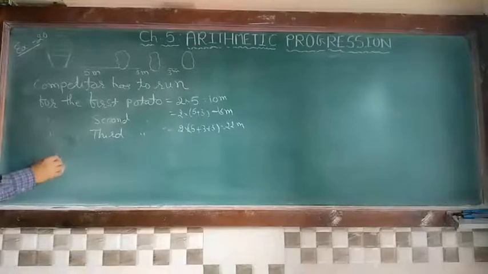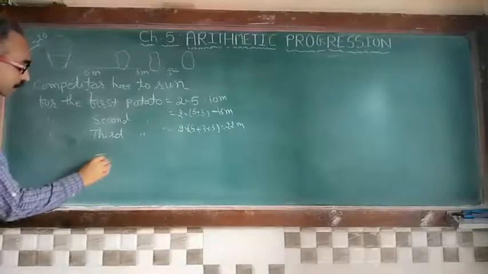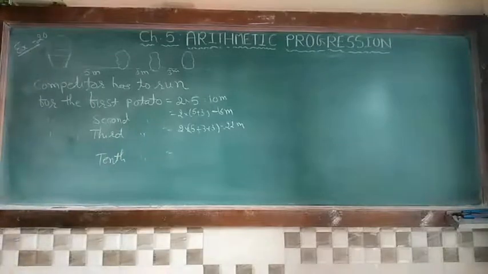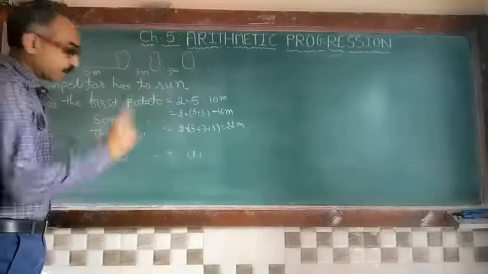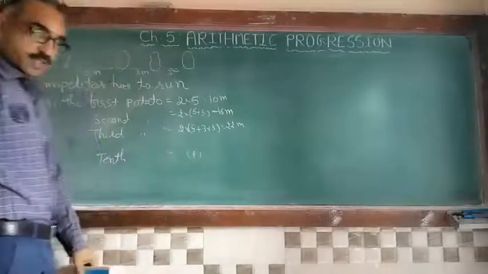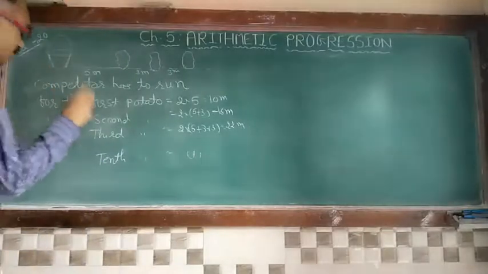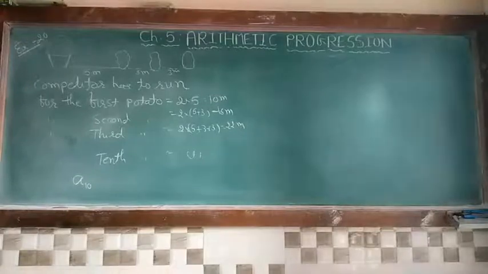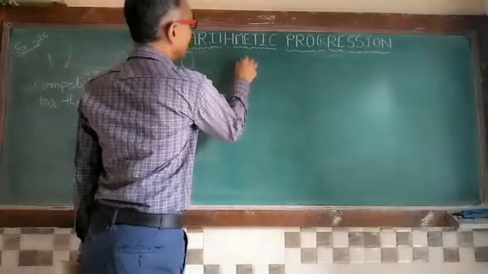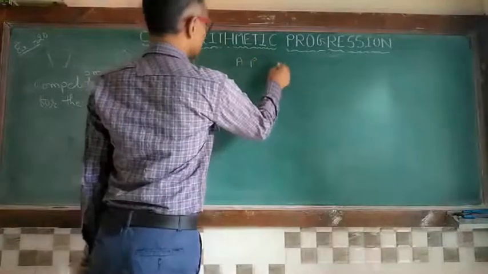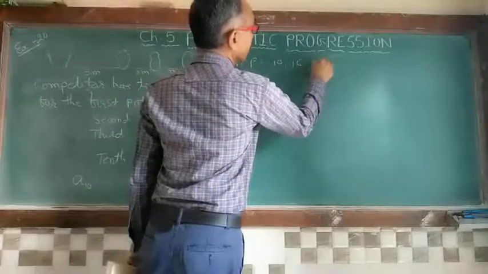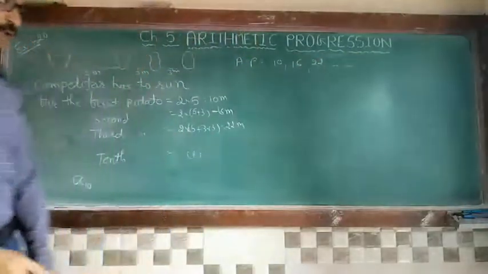So for the 10th potato, up to the 10th potato, you find the total distance. That means you have to find A10, that is your distance. So the AP is 10, then 16, then 22, and so on.